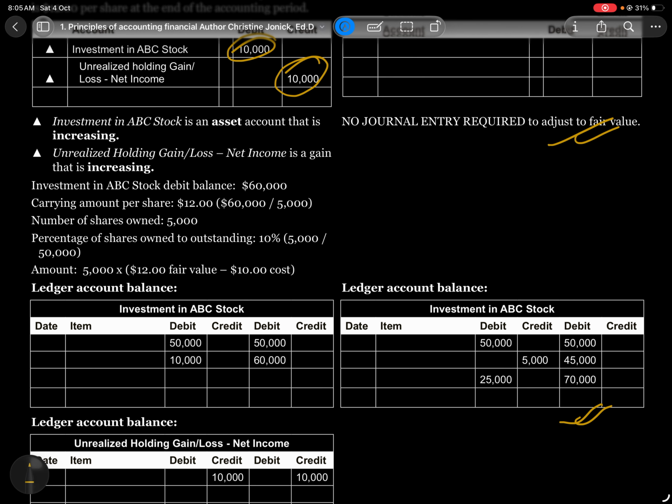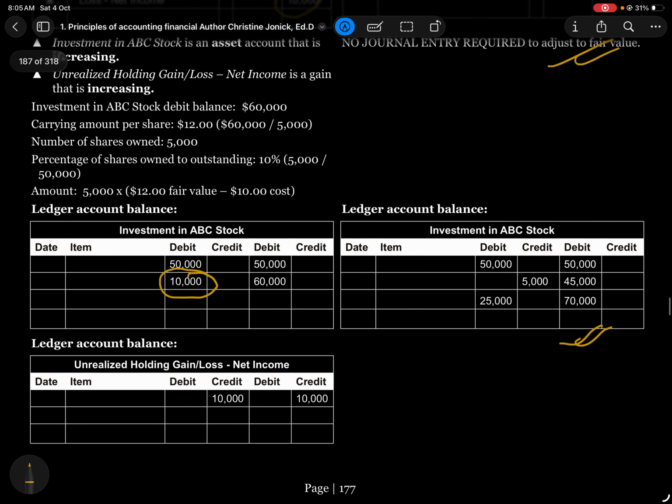In our case, if we have an increase in value, we will need to recognize it: debit the income statement, credit unrealized gain or loss. It's not yet realized, and that's why we credit 10,000.